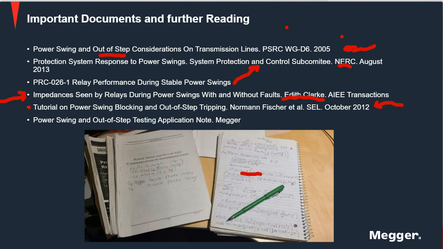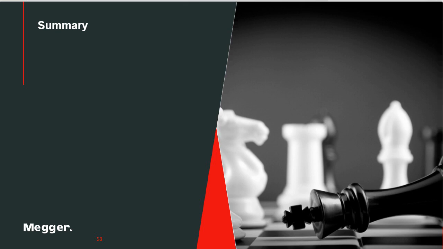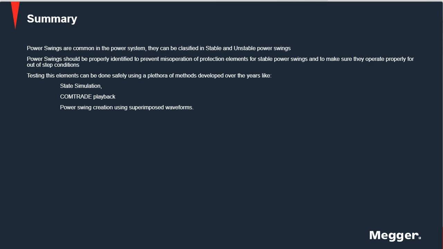As a summary, power swings are very common in the power system. They can be classified into stable and unstable power swings. If you take anything from this conversation, take those three things. You have to identify power swings properly to prevent the misoperation of protection elements when the power swing is stable, and to make sure they operate when the power swing is unstable.